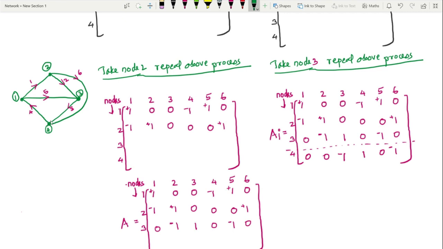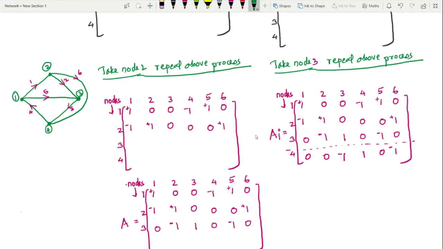Corresponding to the fourth node, incident branches are 3, 4, 6. Here 3 and 6 are incoming, so corresponding to 3 and 6, minus 1 will come. Corresponding to 4, it is outgoing from node 4, so corresponding to the fourth branch, it is plus 1. So this is the complete incidence matrix.